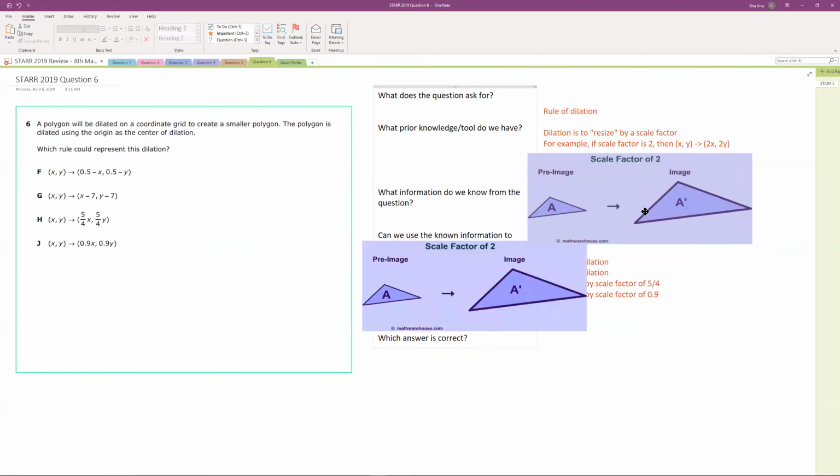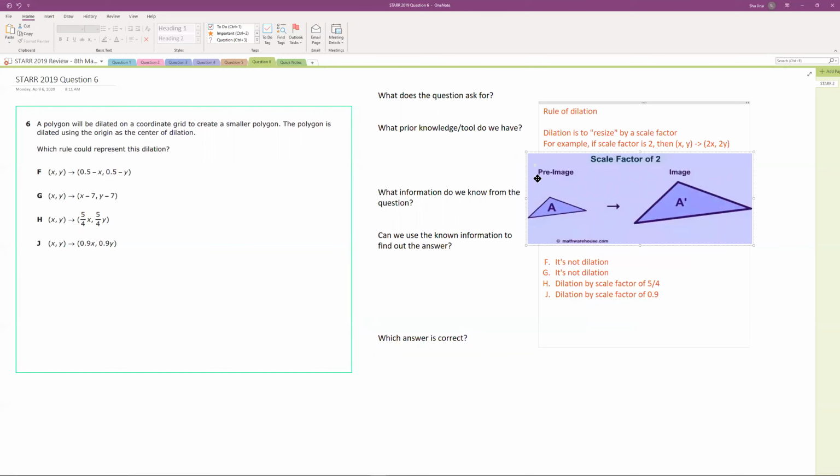So in this one, from this pre-image A to the after image A prime, it's a dilation by a scale factor of 2. So every point's x and y will multiply by the same scale factor of 2. So A after dilation will become A prime.